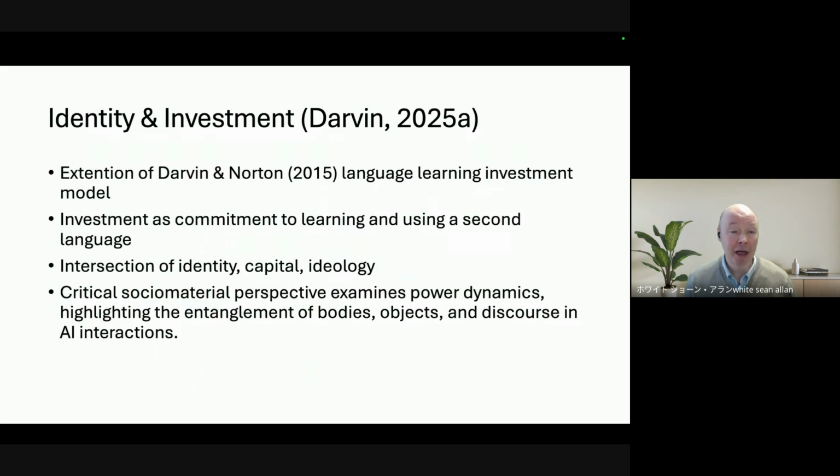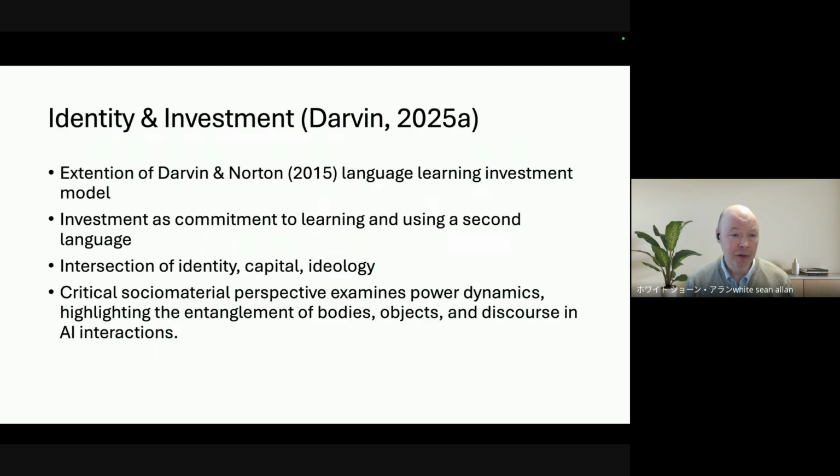Another paper focuses on a particular model called identity investment. This comes from Darvin and Norton in 2015, but they look at investment as a commitment to learning and using a second language.